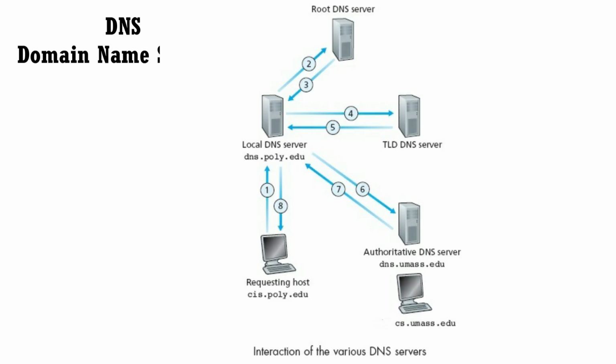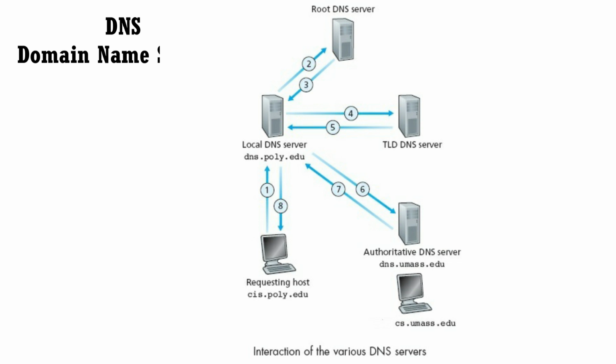Suppose the host cis.poly.edu requests the IP address of cs.umass.edu. Also, suppose that a local DNS server is called dns.poly.edu and that an authoritative DNS server for cs.umass.edu is called dns.umass.edu as shown in this figure.